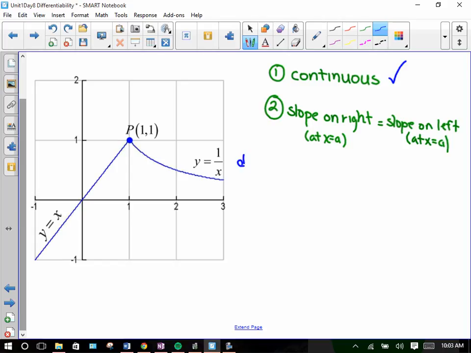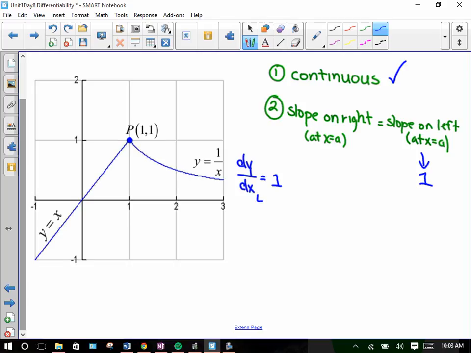So dy/dx on the left is equal to 1. So the slope on the left is equal to 1.